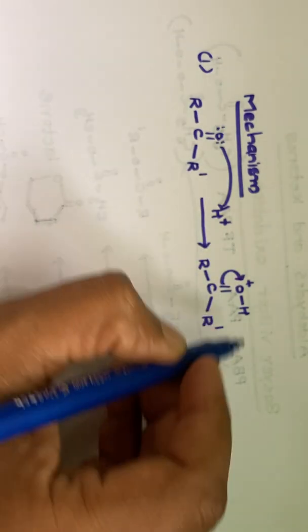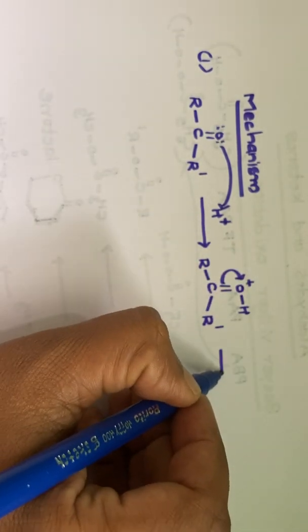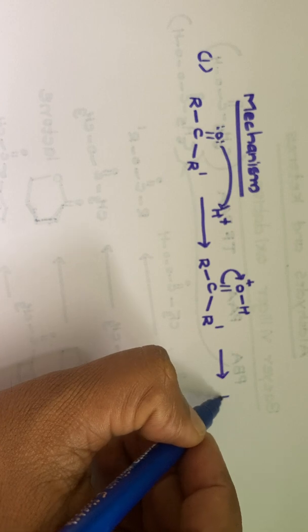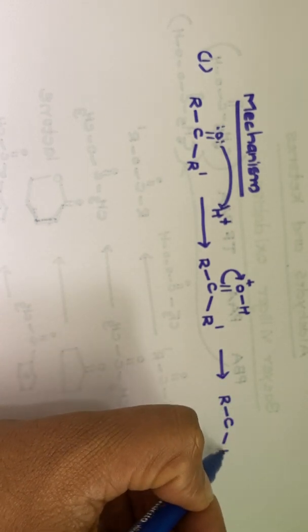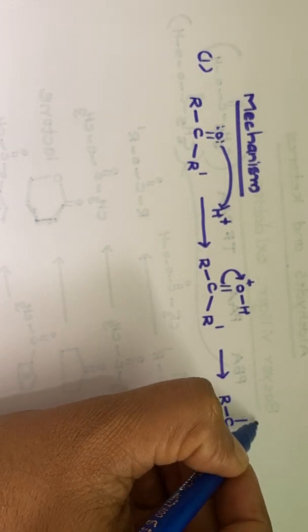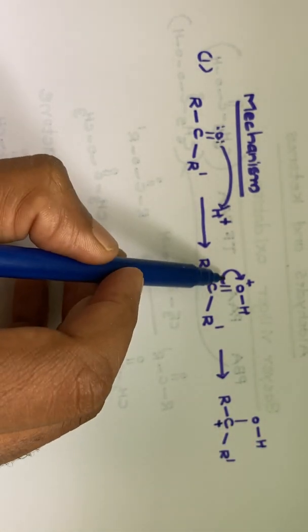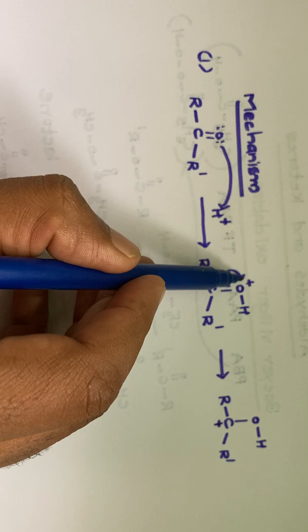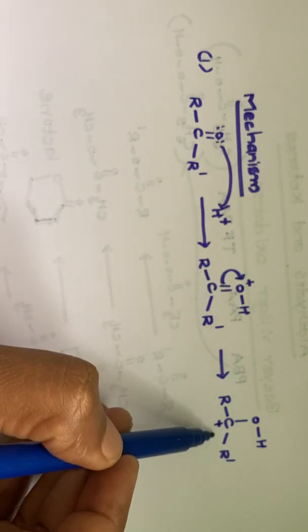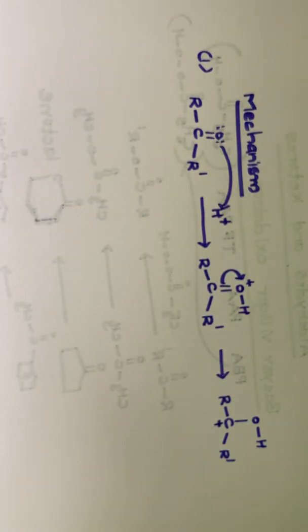The double bond migrates here. There will be a shift of the electrons, resulting in the formation of R, C, R dash, OH. This carbon carries a positive charge. Why? Because the electron moved here. So there will be a generation of an intermediate carbocation.